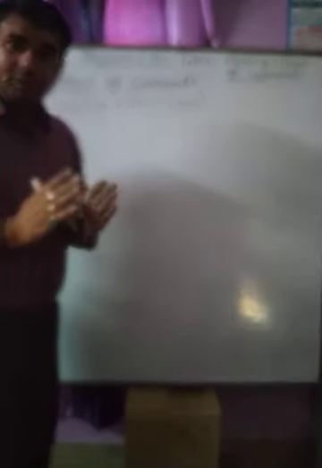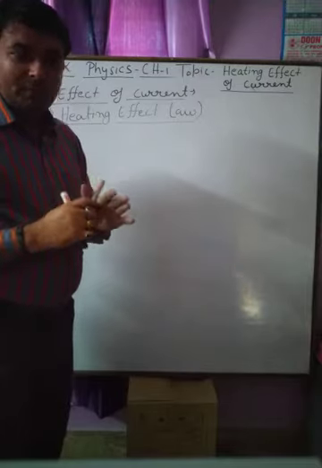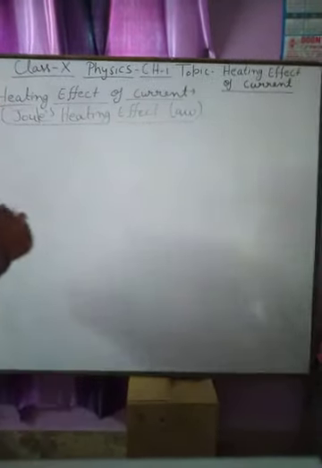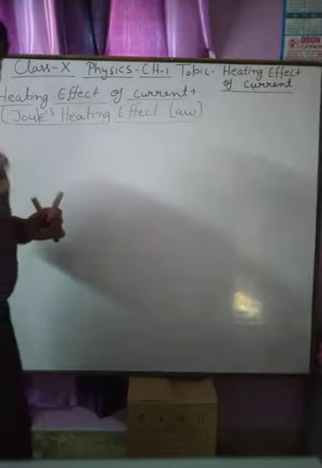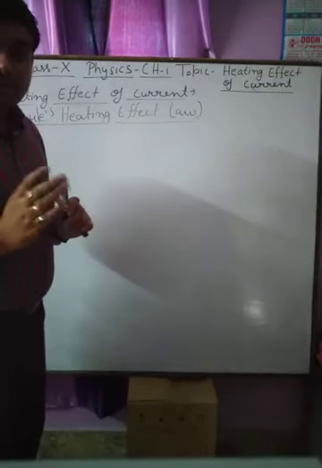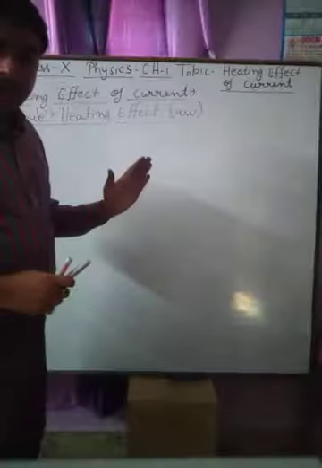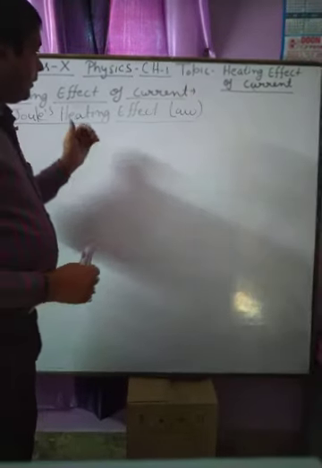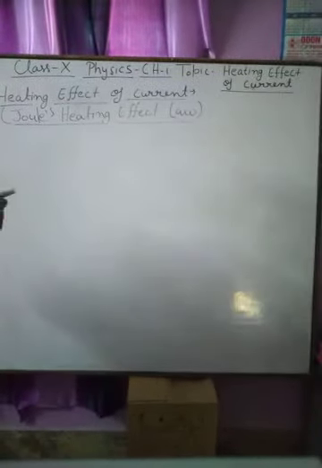Joule gave some rules on how heat is produced inside the conductor, and we also remember this as the dependency of heat production.